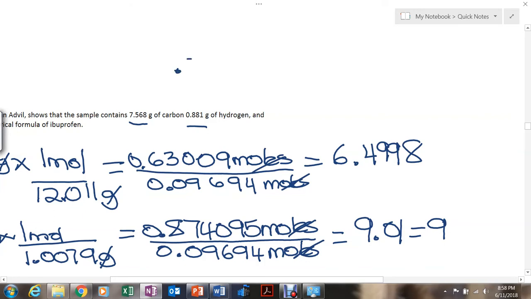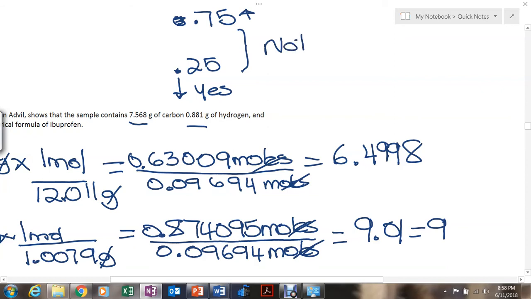If you have 0.25 or lower than 0.25, yes, you can round it. If you have 0.75 or higher than that, you can round it. But if you are in between this range, you cannot round it because you're going to mess up the ratio.